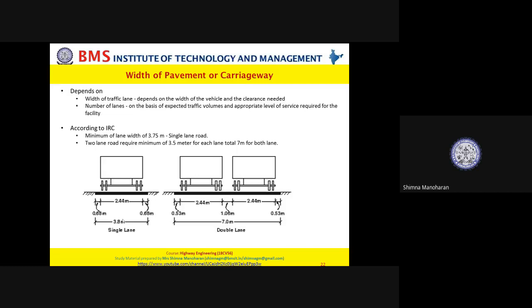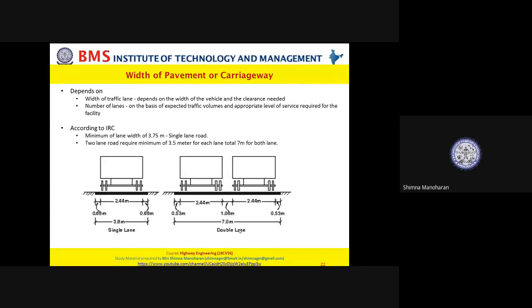So the total width of the pavement for a single lane or a double lane depends on the width of the traffic lane and the number of lanes. Since it's a single lane, the width is only 3.8 meter. But when you have a double lane, you have 2.4 meter and 2.4 meter, and then there is a gap of 1.06 meter, giving a total of 7 meter for a double lane road.